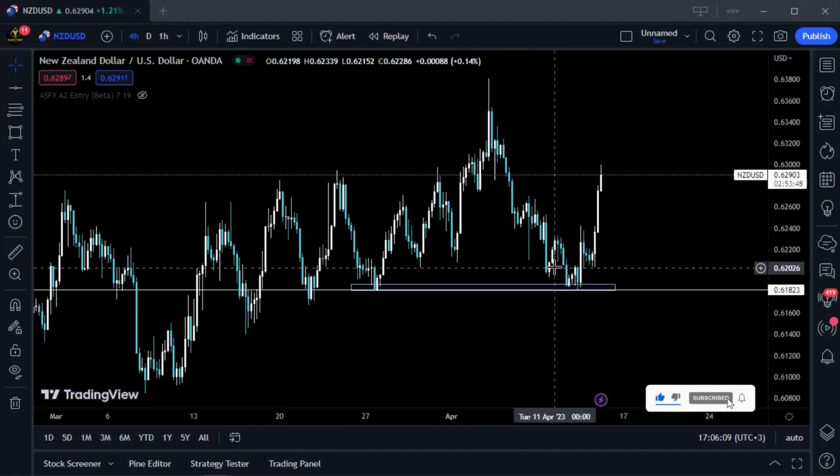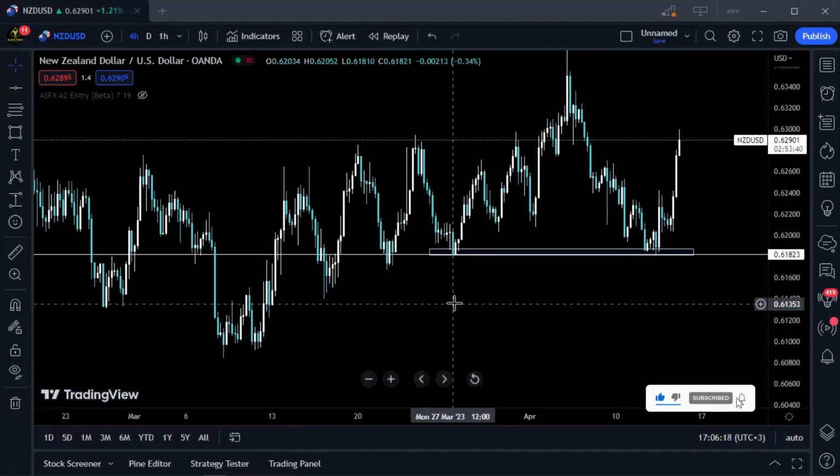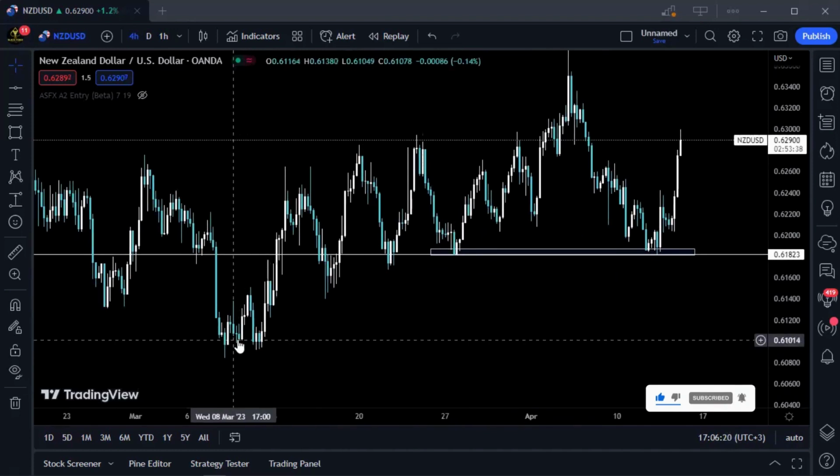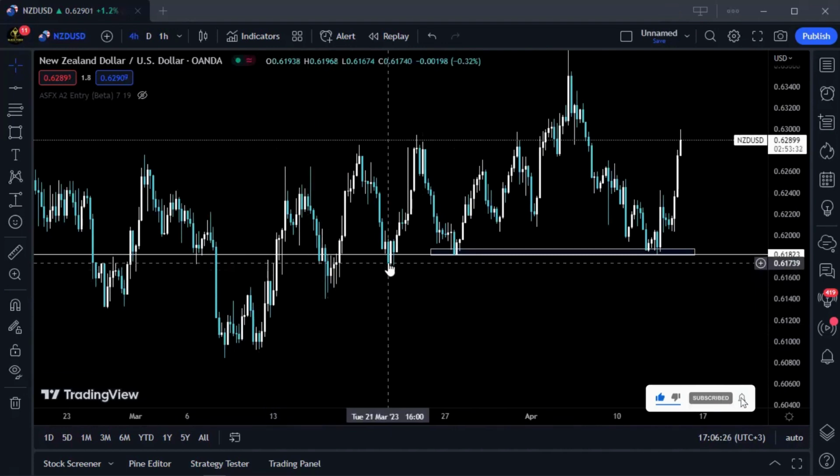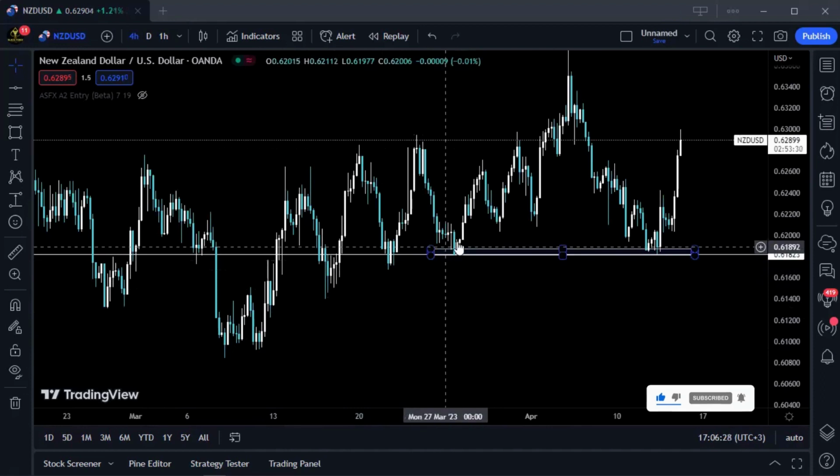Because when it comes to support and resistance, what you need to understand is that it's always changing. It's not a stagnant point. Like for instance, let's look at here. There was a time this was the support and resistance. This was the resistance, this was the support. This became the support. And then you can see it moved slightly higher. This became the support. And then it moved slightly higher. This became the support.